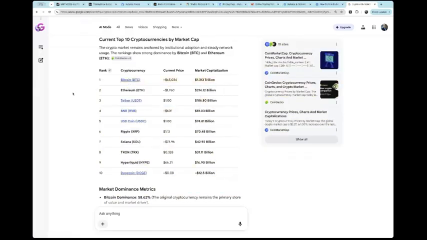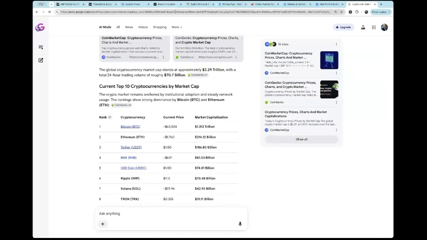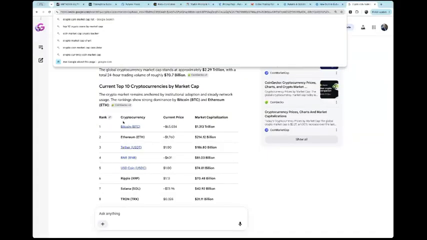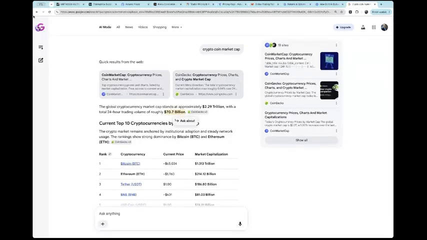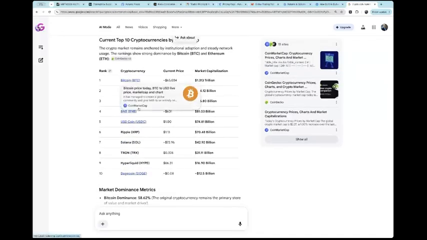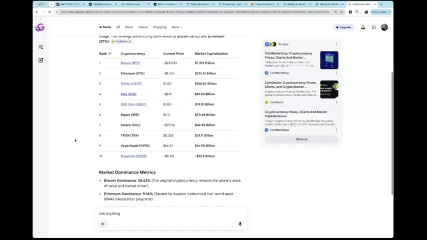Very good. The crypto market is 2.29 trillion, correct? And the one-day volume is 70.7 billion. This is everything: Bitcoin, Ethereum, Tether, BNB, Ripple, a lot of Dogecoin.